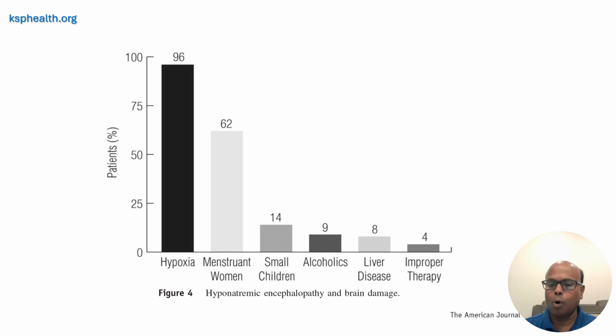Almost 2/3 of them are reproductive age group females. And of course, small children, alcoholics, and liver disease. And finally, rapid correction of serum sodium. They all play a role, as you can see, hypoxemia being the number one cause of brain damage when it coexists with hyponatremia.